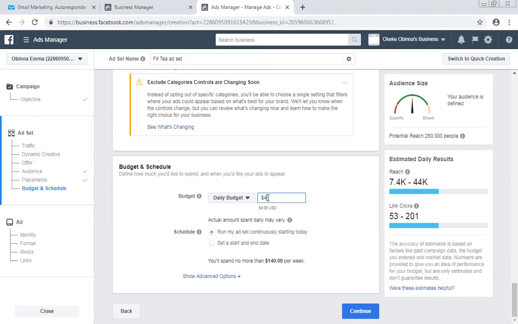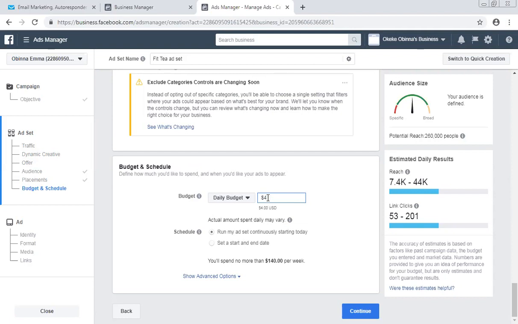The reason is this: when you watch your adverts, give it some days, and you see that this advert is not performing as much as you would want, that way you wouldn't have lost so much money.